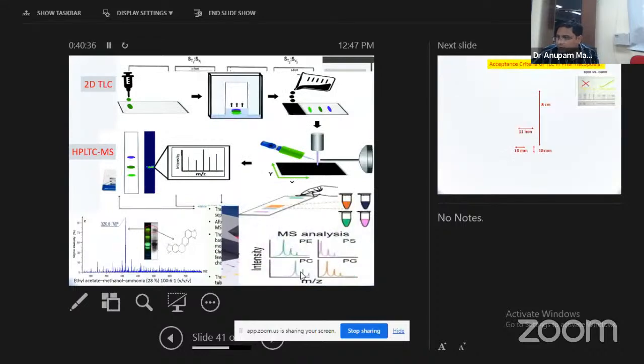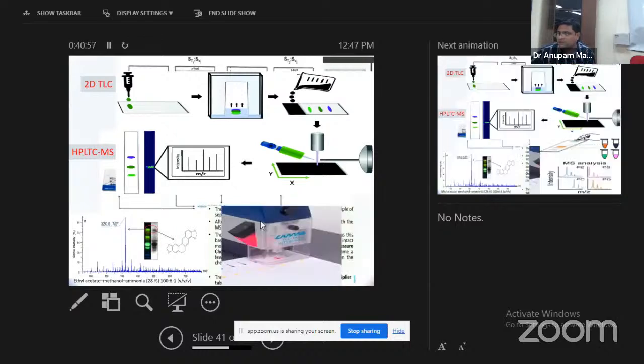After that, you can see here, one needle comes with solvent system. It scratches the spot, and after that it is sent to the MS, and the MS analyzes the data, and you can see here this spot is this compound. So you can easily get the MS spectra. So this is the interface in hyphenated techniques.